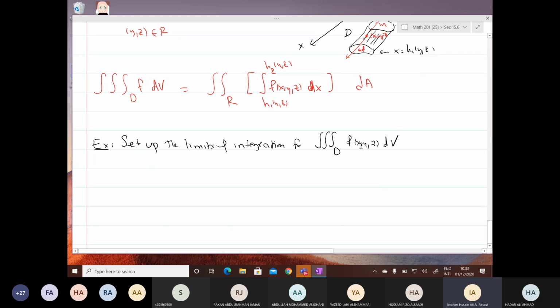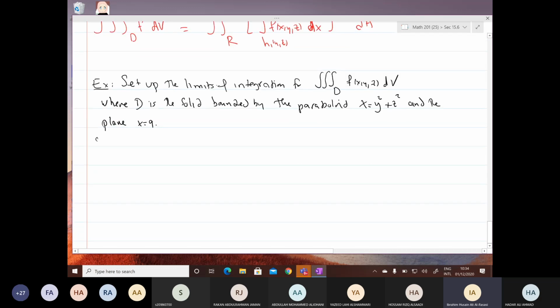Again, I'm just taking a general function because our objective is not to evaluate, just to set up, where D is the solid bounded by the paraboloid x equals y squared plus z squared and the plane x equals 9.